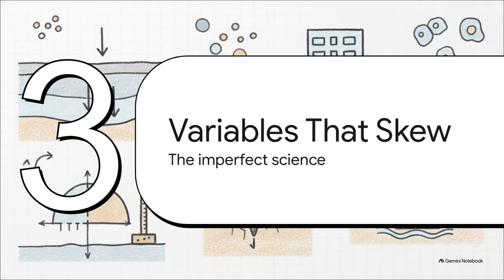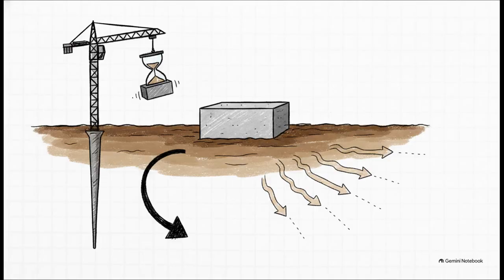Because despite all that precise math, this is an imperfect science. Here is where the plot thickens a bit, because despite the precise tables and theoretical stress distributions we've covered so far, there are several real-world variables, curveballs really, that engineers have to account for. Things like construction loading periods, where engineers literally just have to use their judgment to decide what portion of a superimposed load will actually be sustained long enough to cause consolidation.